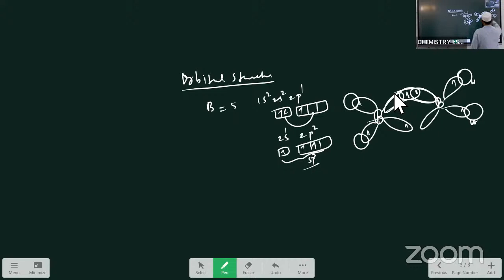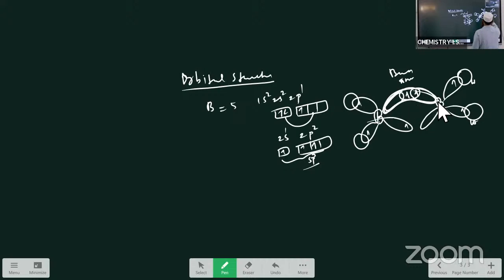One hydrogen overlaps with the one hybrid orbital of the boron in which one electron is present, and also overlaps with the vacant orbital of the other boron. As a result, a special type of bond is formed that looks like a banana. It is called the banana bond or also the tau bond. And you know how many centers are there in this bond?